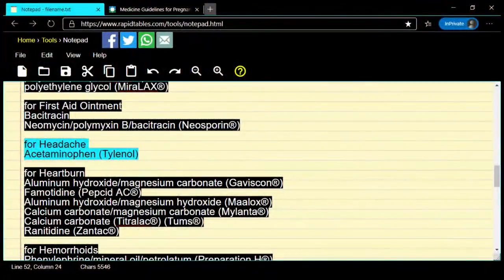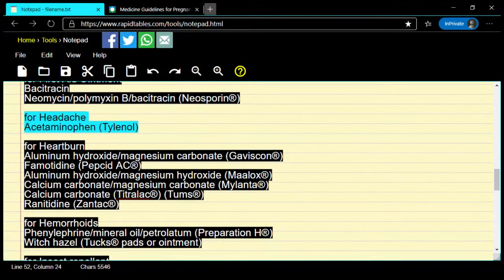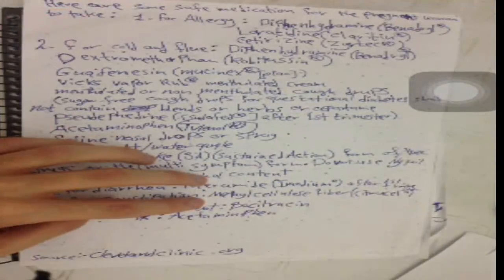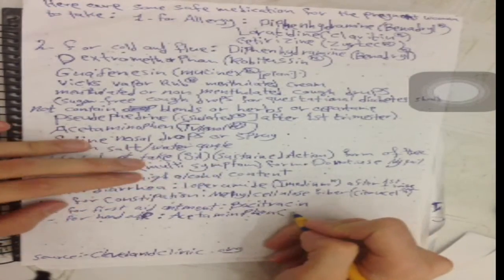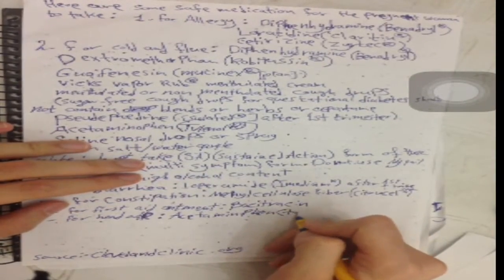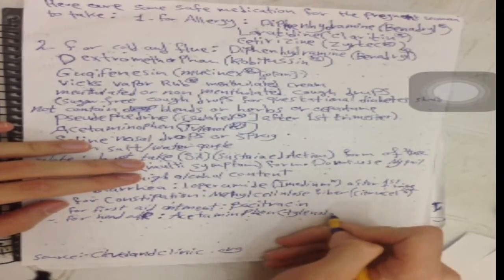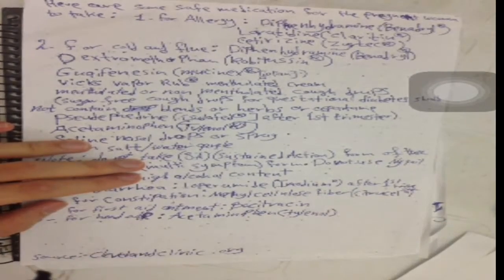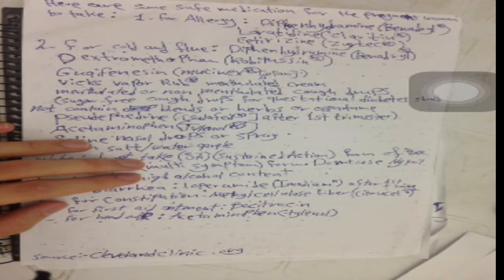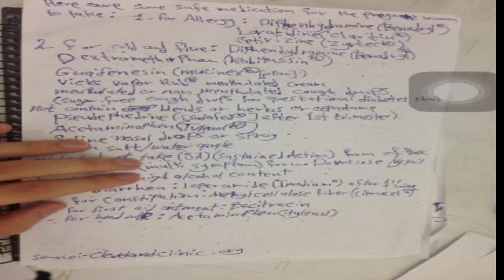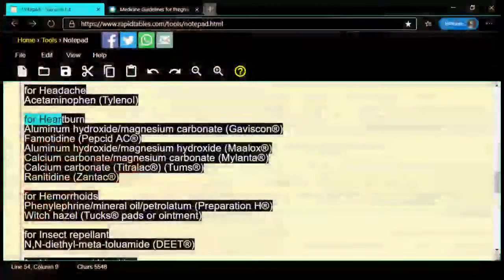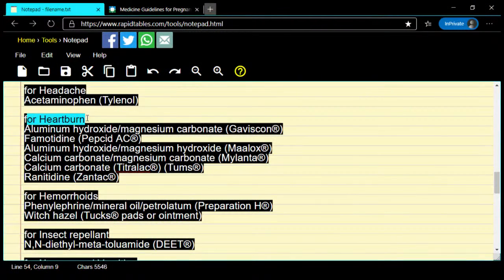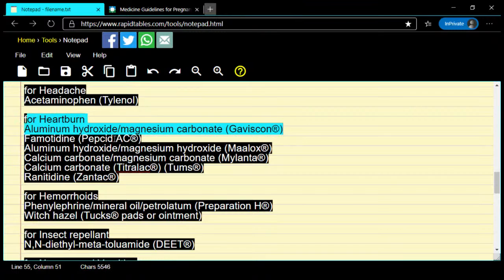And let's continue. The headache: acetaminophen, Tylenol. Then we have for heartburn, this one here.